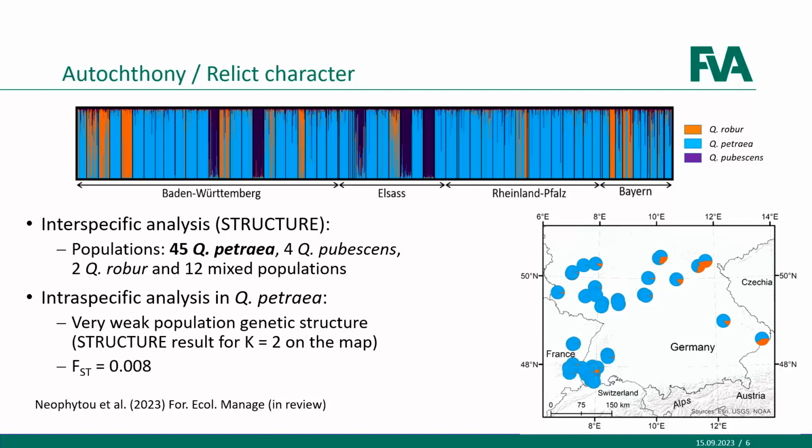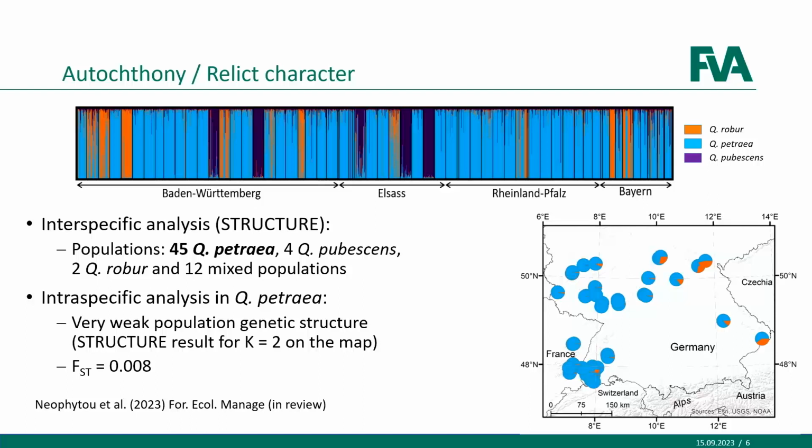We had 45 stands, which we classified as Quercus petraea. We had 4 Quercus pubescens stands. We are here at the northern limit of the distribution range of this species. We also had 2 Quercus robur stands and 12 populations which were admixed.